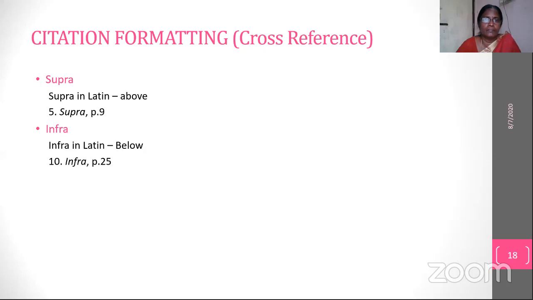Second is ibid., op. cit., loc. cit. Third one is this cross reference: if essential, if possible, our work may be considered as a reference. For referring to a page above, we have to put supra. For referring to a page below, we have to put infra. So these are the formalities.